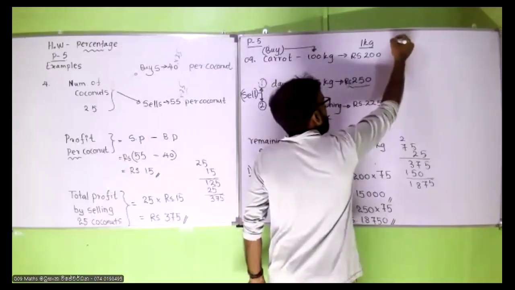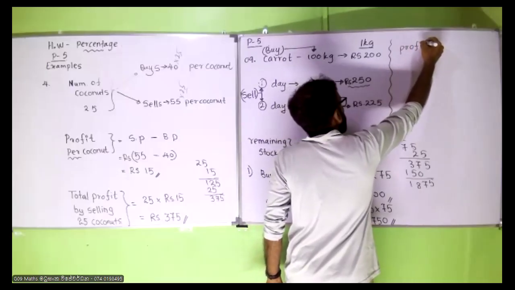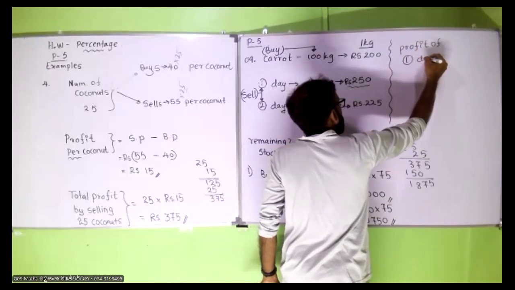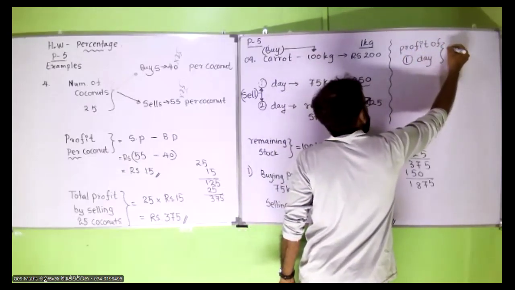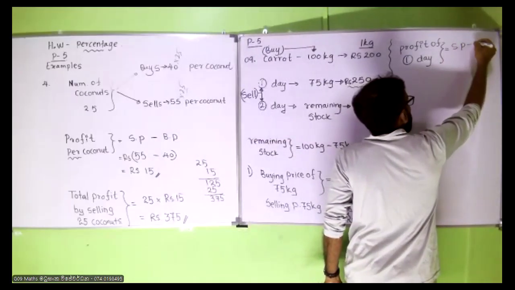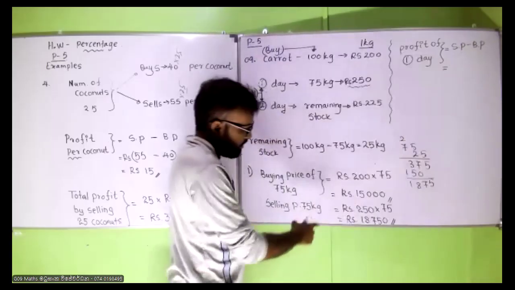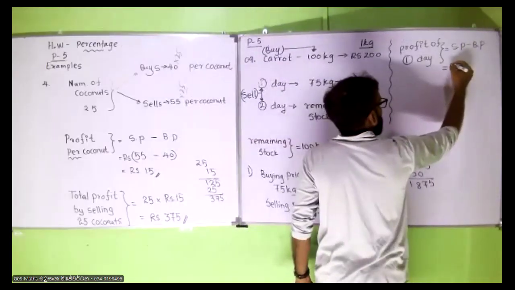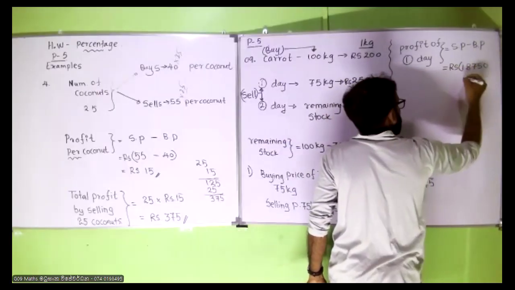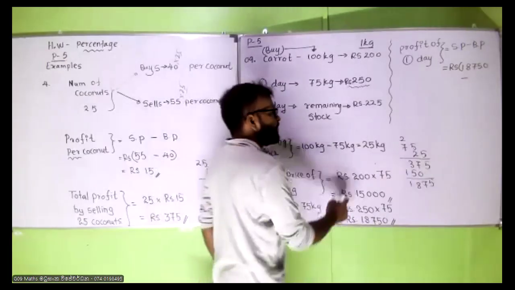Right? So I will calculate it here. Profit of day 1, the first day. I will write selling price minus buying price. What is the selling price? 18,750. 18,750 minus the buying price for that same 75 kilograms, 15,000.